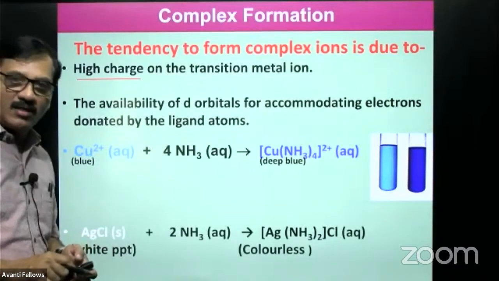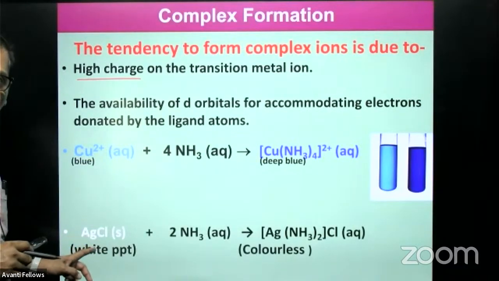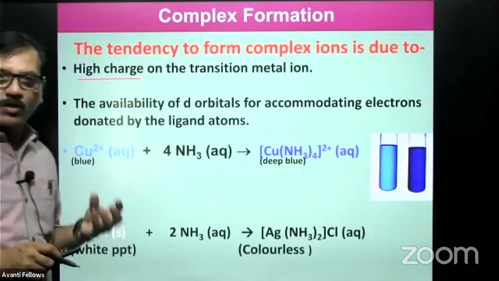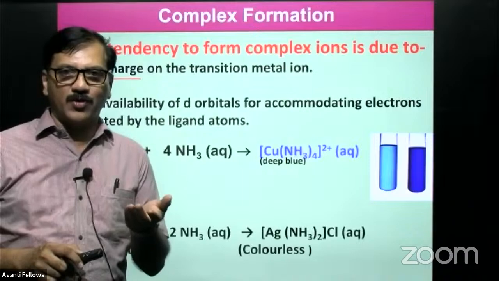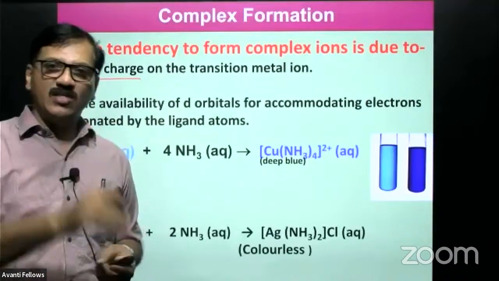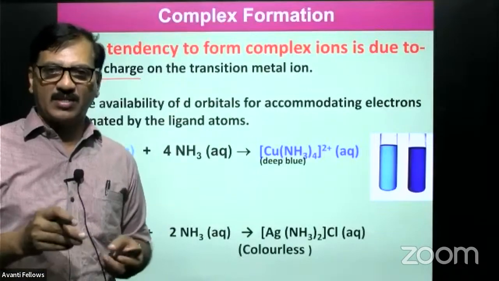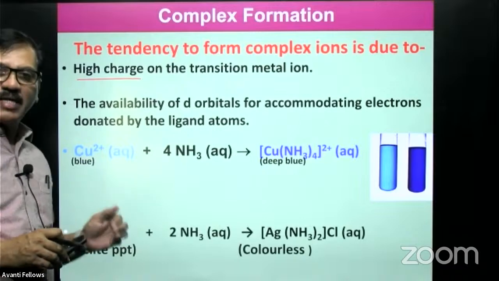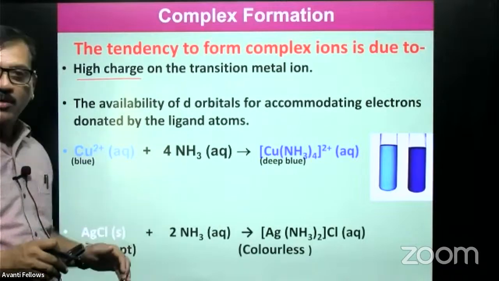And you know that silver chloride, AgCl, is white in color. It is a precipitate. When you want to find chloride ion, you add AgNO3, so that AgCl precipitates out. To confirm that it is AgCl, you add NH3.